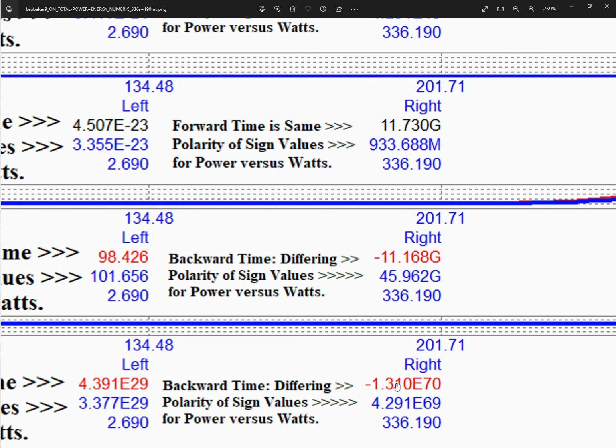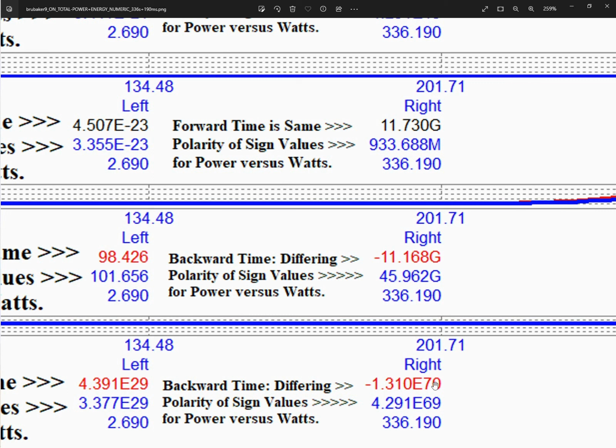But now our power is greater than our energy, so the time factor must be having something to do with that. The time factor must be something less than 1 second, but very close to it. And that's the case also when it starts out here. But it's negative.